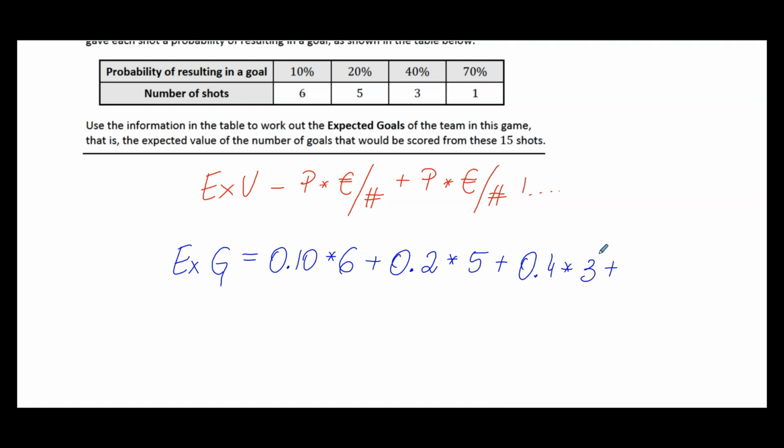And the last one is 0.7 multiplied by 1. So we take all of that, put it in the calculator, and we get that the expected goals in this situation will be 3.5.